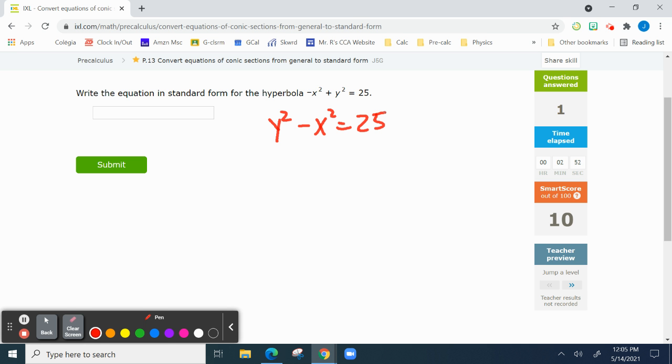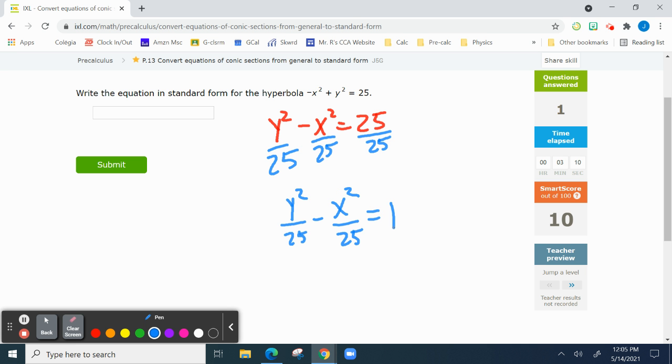But we have to have a 1 over there for a hyperbola, so we divide by 25, and by 25, and by 25, and we get y squared over 25 minus x squared over 25 equals 1. And that is the way that one works out.